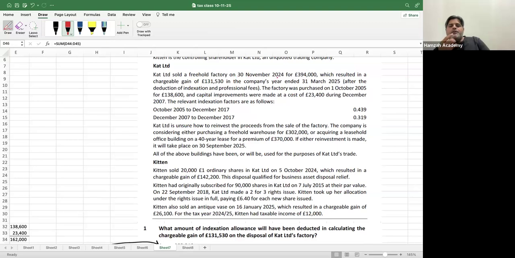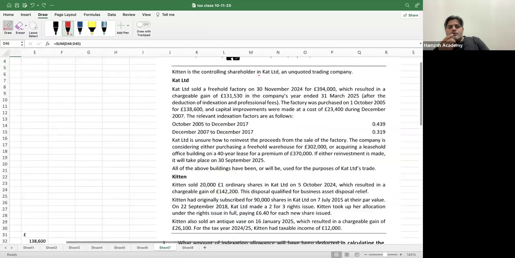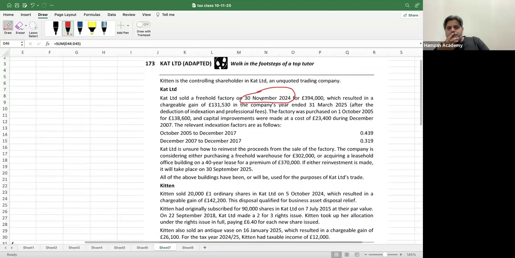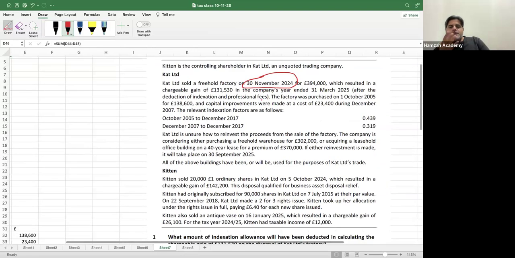On 30th November 2024, I will be selling it, right? So it will be sold on 30th November 2024. And if it's going to be sold by 30th November 2024, the year end is technically going to be 31st March 2025, right?